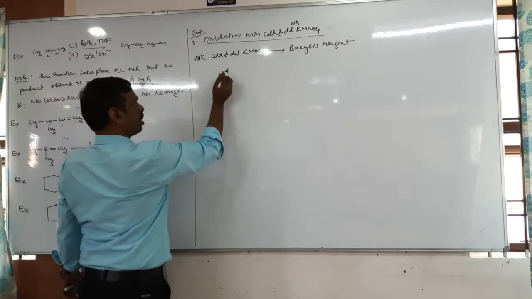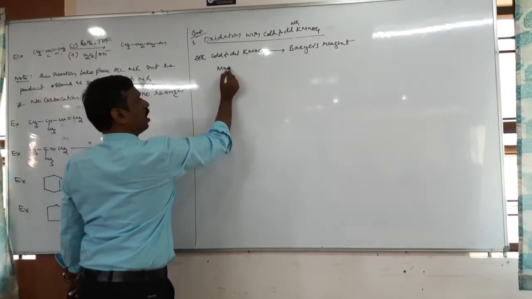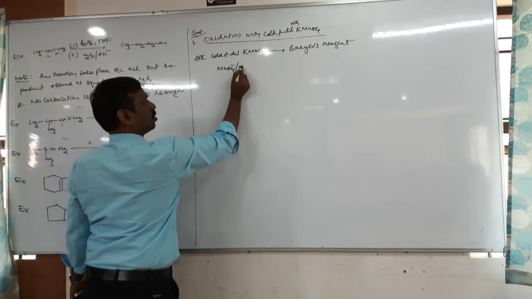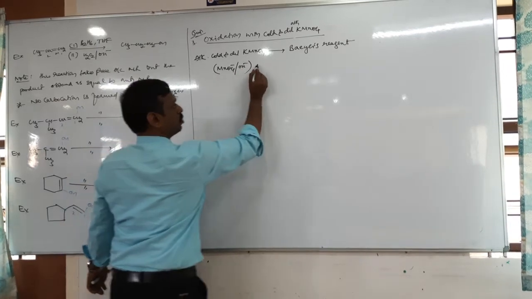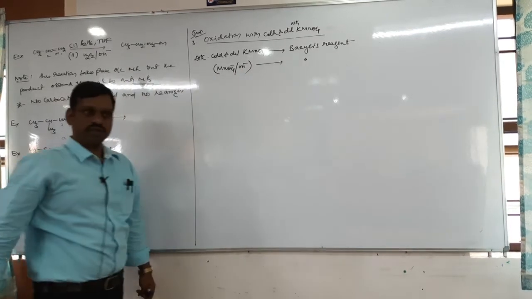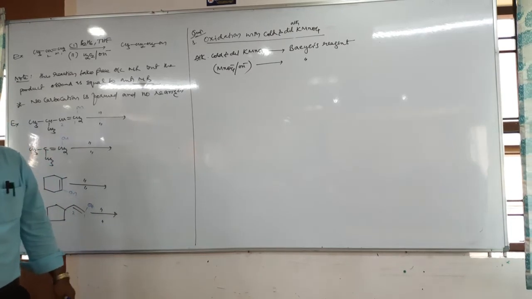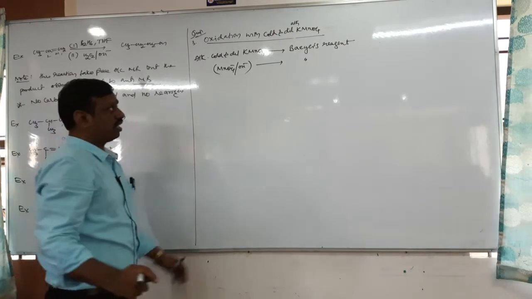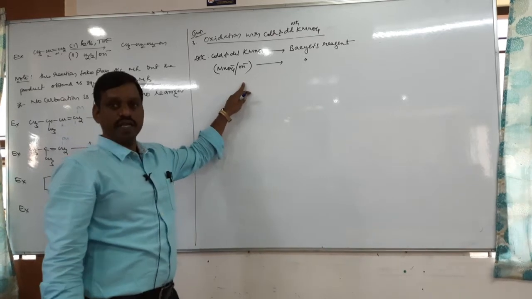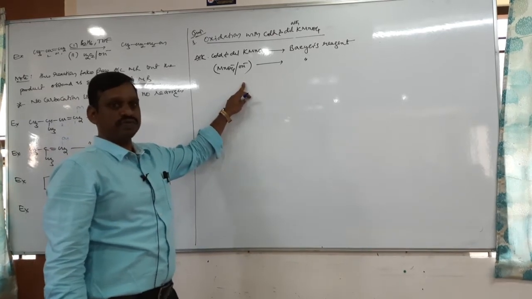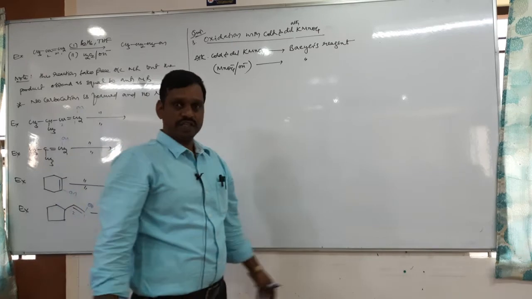This Bayer's reagent can also be represented as MnO4 minus, OH minus, which is also a Bayer's reagent. Right? Potassium permanganate in alkali medium, cold and dilute, is called Bayer's reagent.